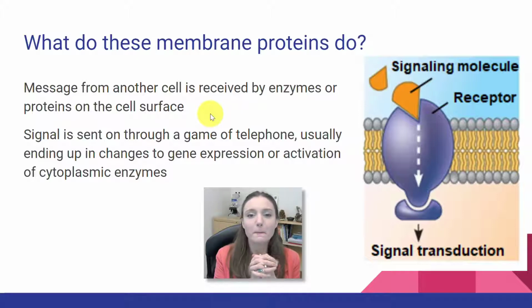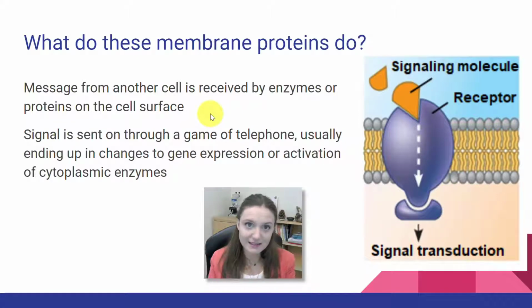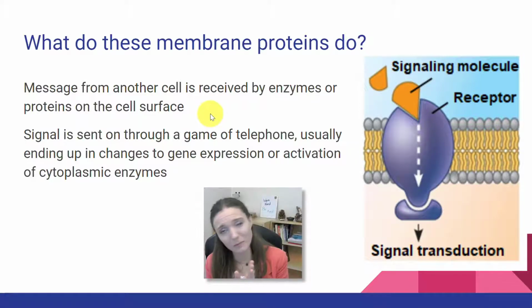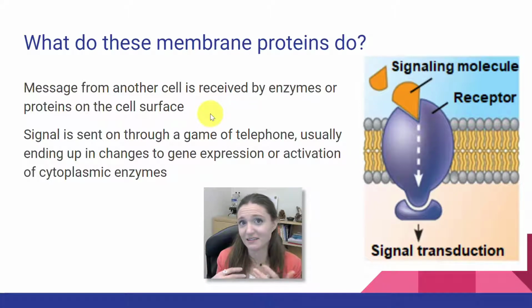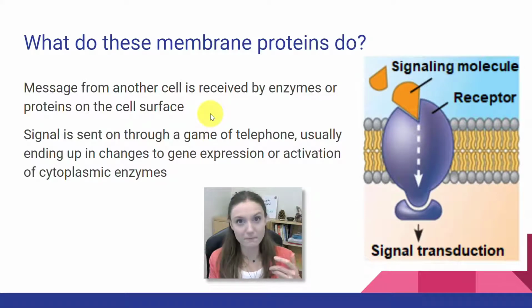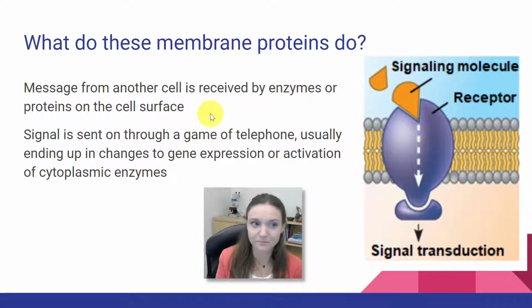And then that is going to cause a chain of events that will end up changing either the cell's metabolic processes, changing what's going on inside of the cells, activating or deactivating different enzymes, or even turning on certain genes, activating certain molecules that then turn on genes to be used to build a protein.